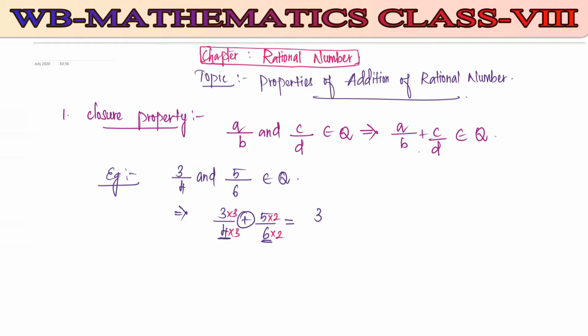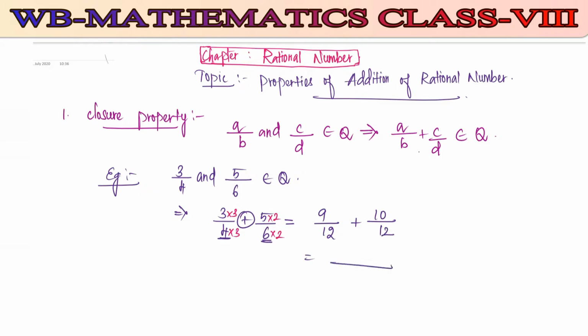So I took the denominators 4 and 6, and I will make both 12. So 3 into 3 is 9, so I write directly 9 by 12: 3 3s are 9, 4 3s are 12, plus 5 2s are 10 divided by 6 2s are 12.